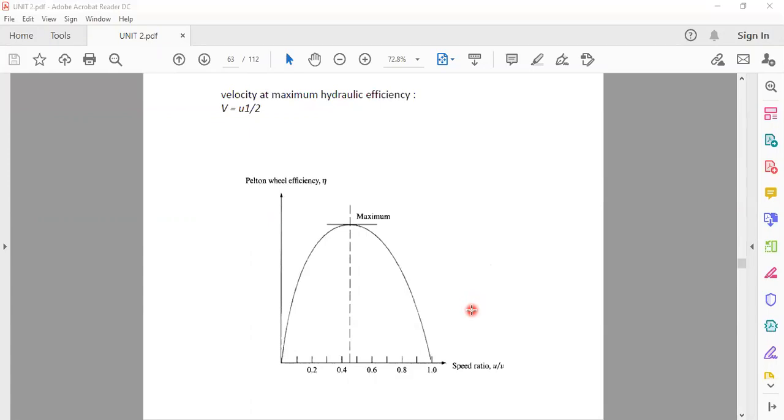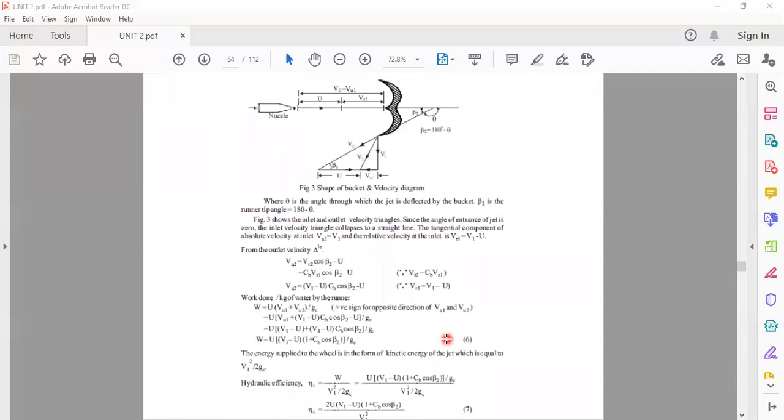So the velocity at maximum hydraulic efficiency is U equal to V1 by 2. So the Pelton wheel efficiency curve is like that. This is the Pelton wheel efficiency and this is the maximum speed ratio.